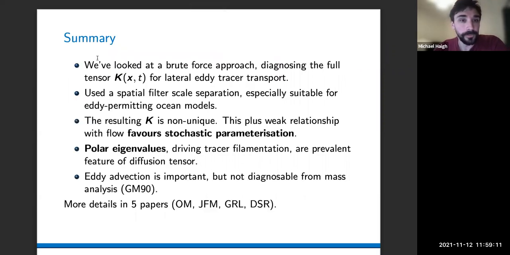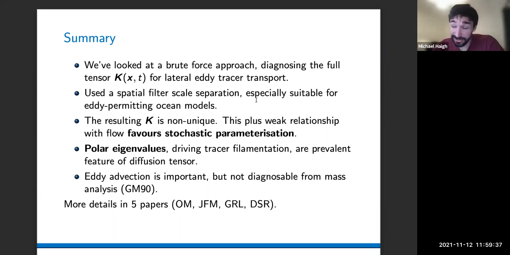So I'll just summarize what I've been talking about these last few moments. What we've done is look at a brute force approach to diagnosing the full transport tensor for isopycnal eddy tracer transport. One of the key steps that we've taken is separating the large scales from the eddies using a spatial filter as opposed to using a Reynolds eddy decomposition.